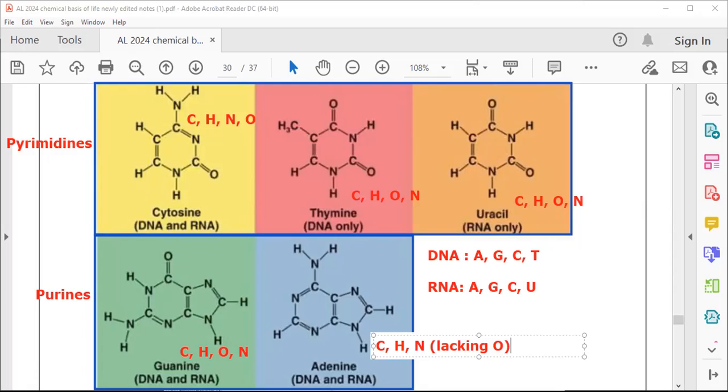Please mark down these details on the diagram. Done, sir.